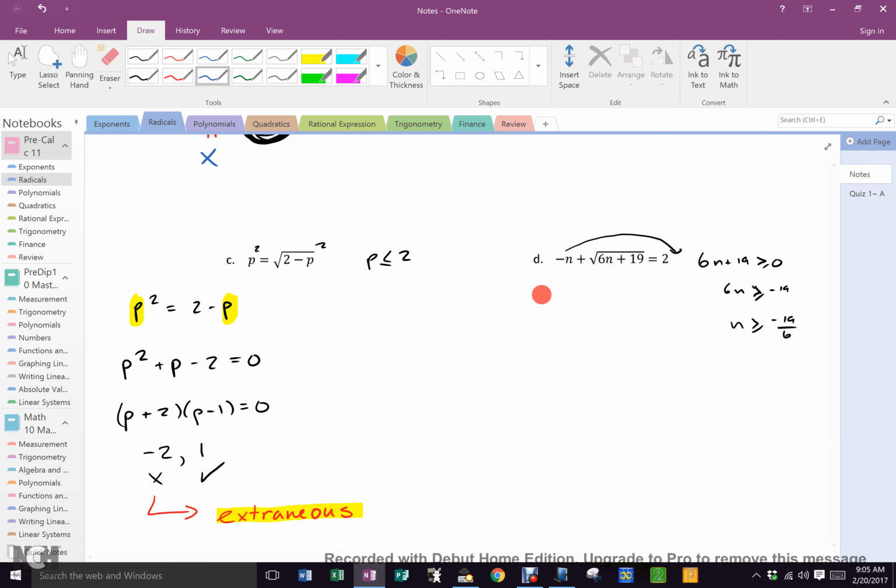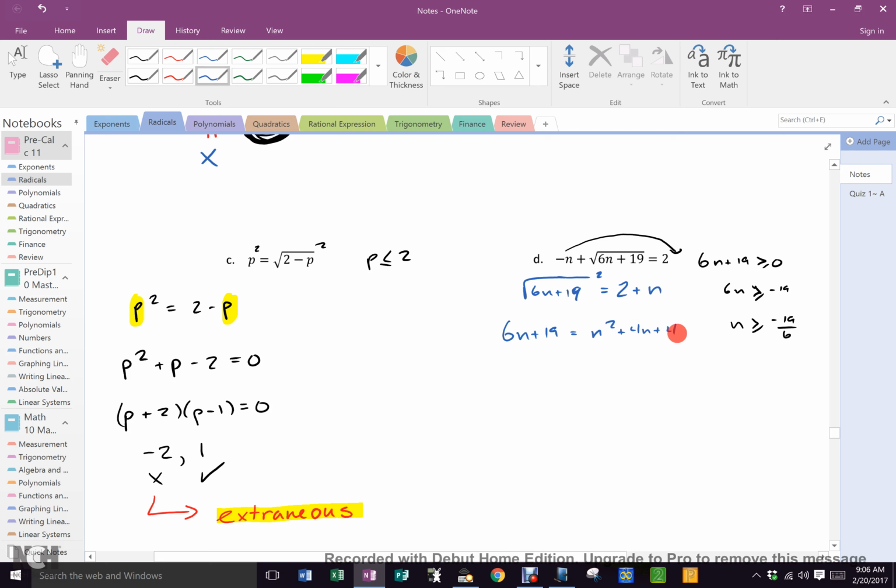So I'm going to get root 6n plus 19 equals 2 plus n, yes? Now what? Square both sides. So 6n plus 19, easy peasy, equals n squared plus 4n plus 4.